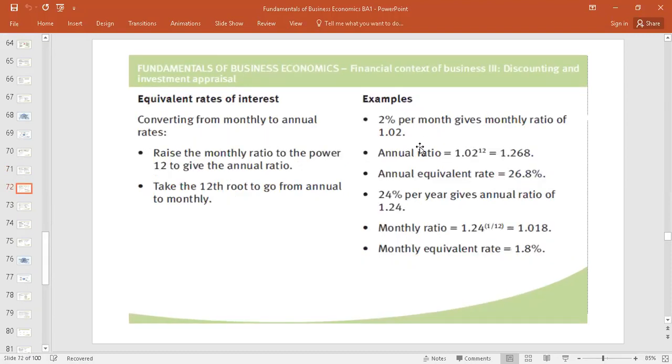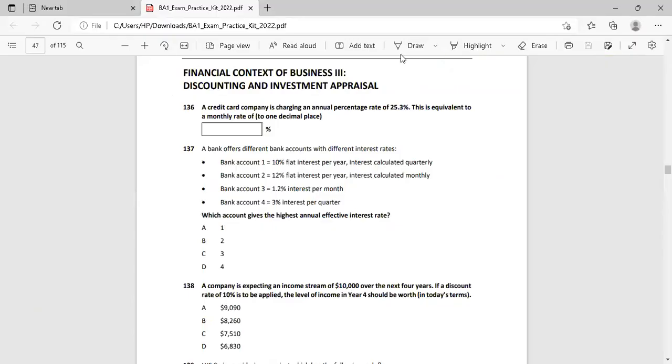So first find out what the annual ratio is. The annual ratio is equal to 1 plus whatever the rate is, to the power of 12. 1 plus the rate is 1.253, that is 0.253 added to 1.